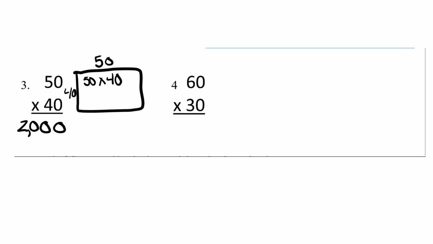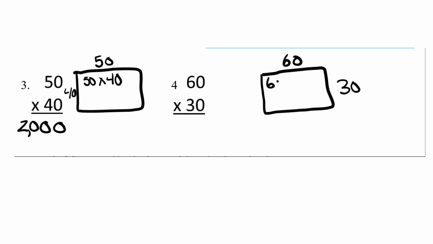Let's try that again with 60 times 30. Again, I'm going to draw my area model to represent 60 times 30. And really what I can think is 6 tens times 3 tens.